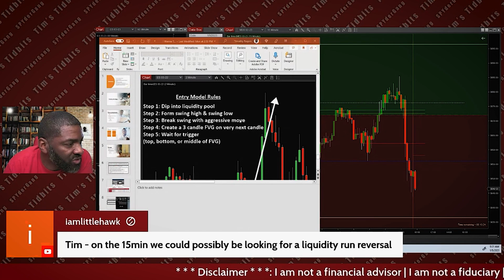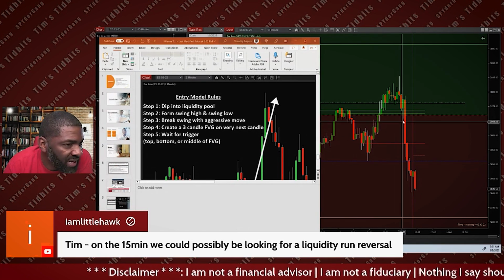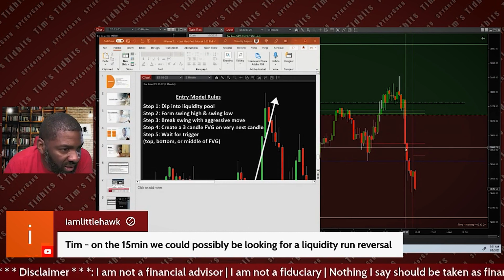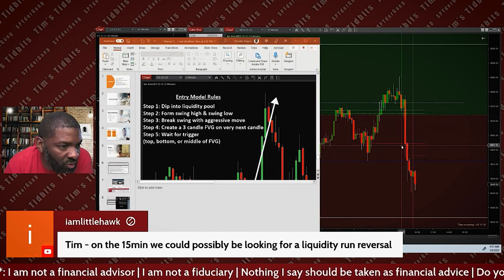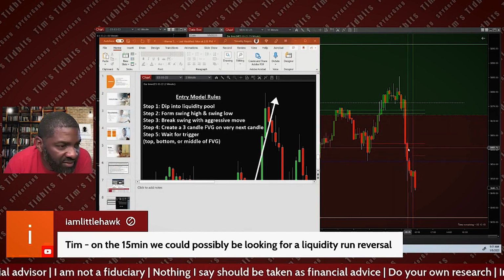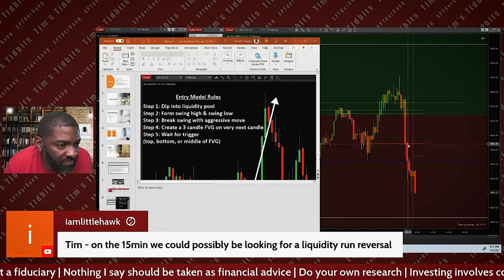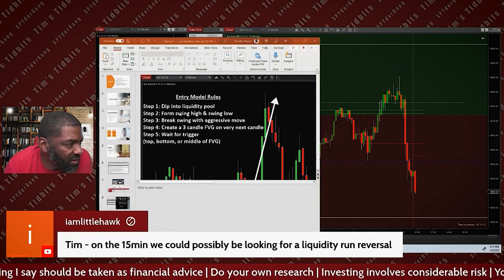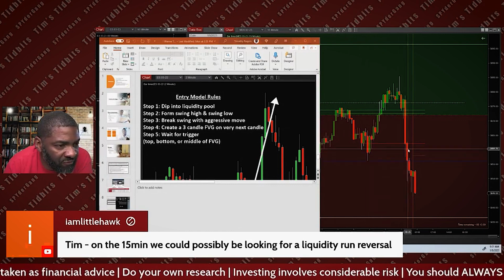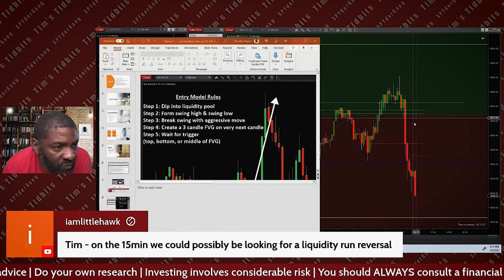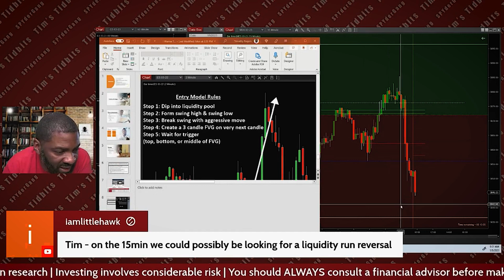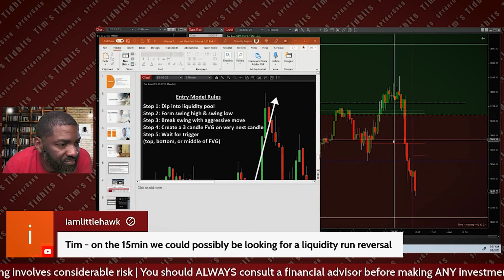See, the break of the swing on the aggressive move has got to be here. On this one here, the candle that's making the fair value gap isn't it. I need the break to be before we make the fair value gap for it to be my setup, right?